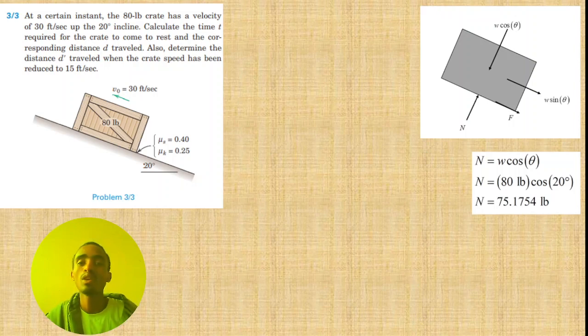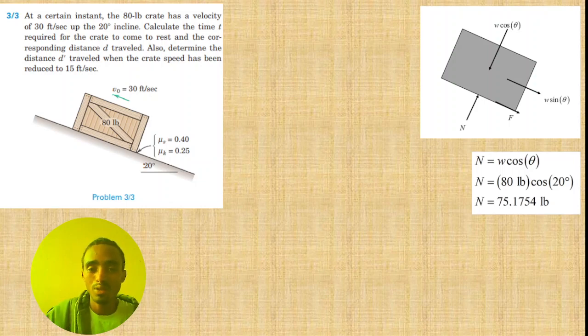It is very simple, so we can substitute the given values. The weight of the crate is already known, which is 18 pounds. Then we can convert into Newtons to improve visualization, and substitute theta, which is 20 degrees, and you will get the normal force, which is 75.175 pounds.